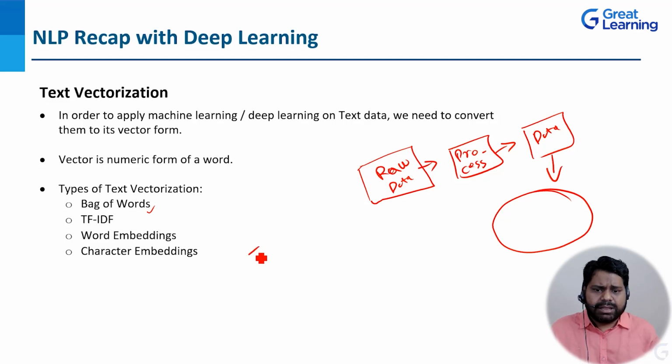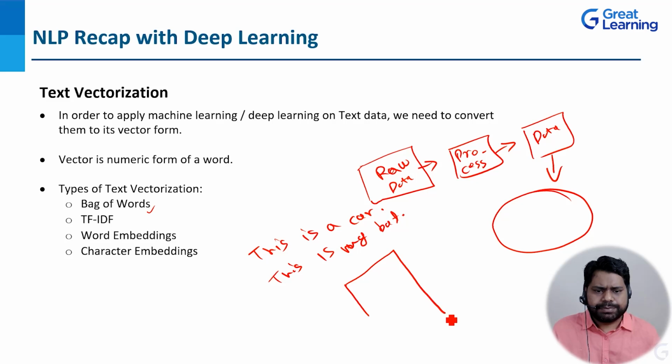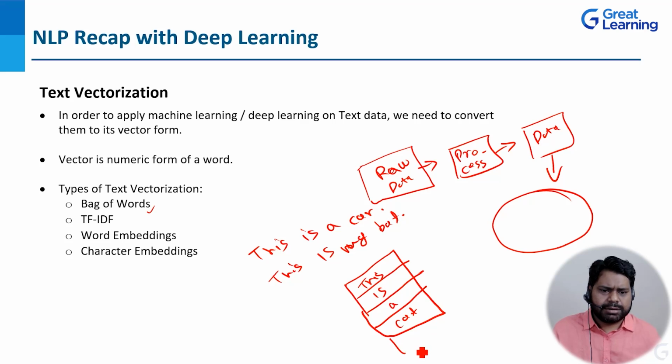Let's take an example. This is car, this is my bat. Each word, this is a car.